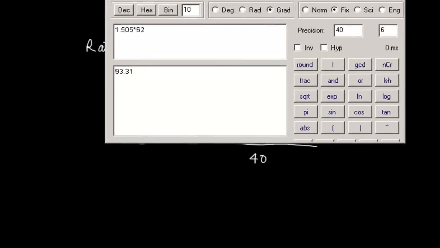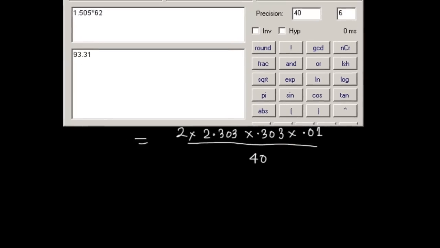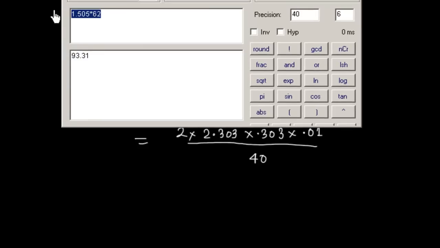So we can do this calculation. This is 2 into 2.303 multiplied by 0.303 into 0.01 divided by 40. So this comes out to be 3.49 into 10 to the power minus 4.